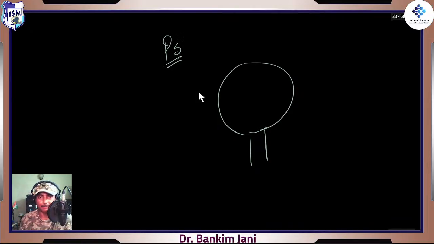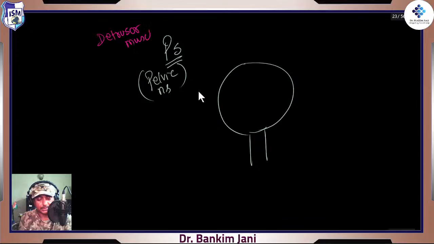Parasympathetic supply, which would be via the pelvic nerves. Okay. So what would this parasympathetic supply do? It would contract the detrusor muscles, and it will tell that internal sphincter, now you don't put any resistance and you just relax.